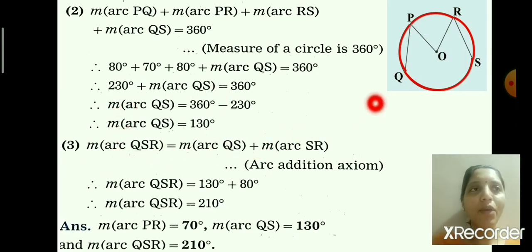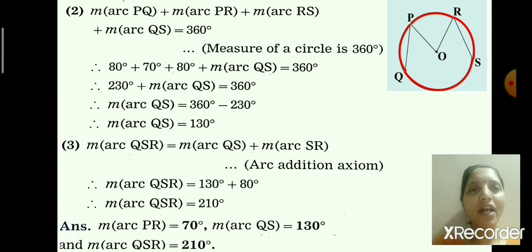Now, major arc QSR is equal to major arc QS plus major arc RS. Yes, reason is arc addition axiom. Therefore, major arc QSR is equal to, now QS we got as 130 degree plus SR is 80 degree. So 130 degree plus 80 degree you will get 210 degree.